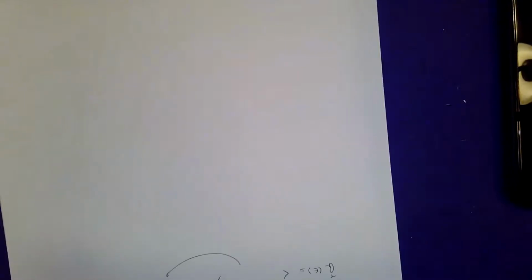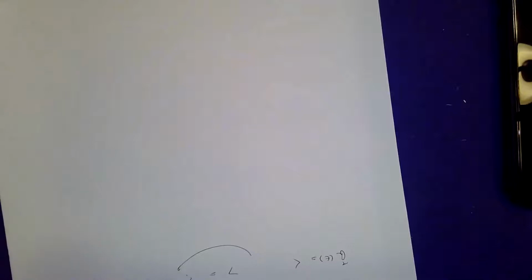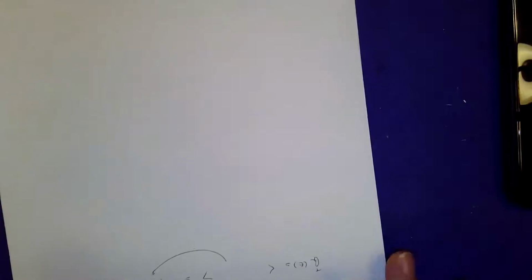Okay then. So that's basically what that section was all about, except I'm trying to look for more examples so I can show you guys. Let's see if I can show you this example right here.